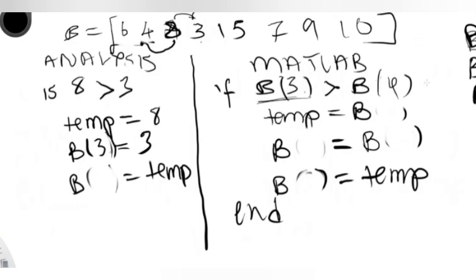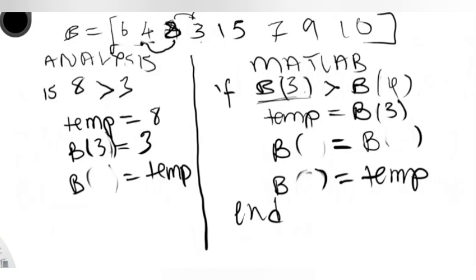This is basically B3 plus 1. So we're comparing B3 and B4. So we're going to store B3, which is 8, in a temporary variable called temp. So temp is equal to B3.